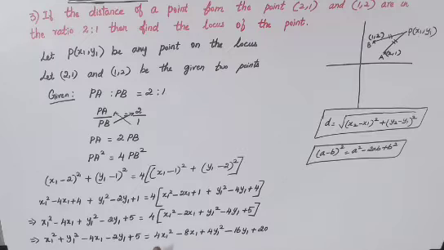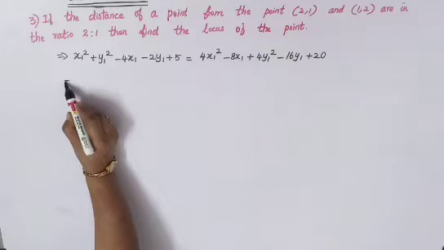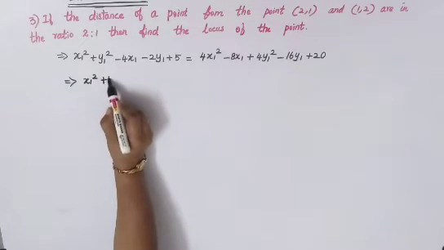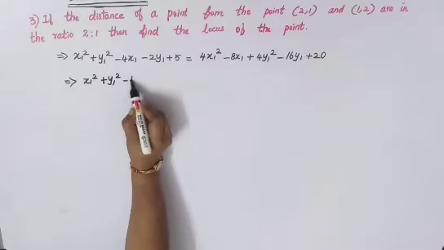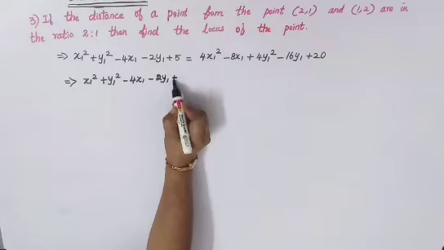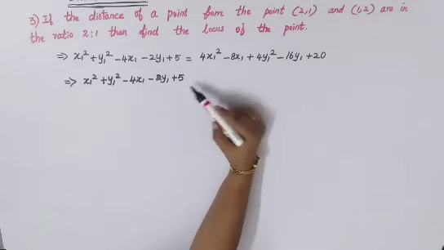Now take all these terms towards your left hand side. So I have just written the last line here. So the solving will be x1 square plus y1 square minus 4x1 minus 2y1 plus 5, your left hand side as it is. Now bring all the terms towards your left hand side.